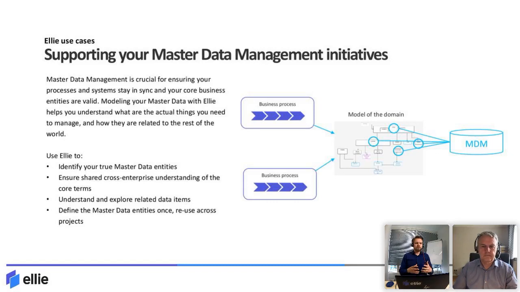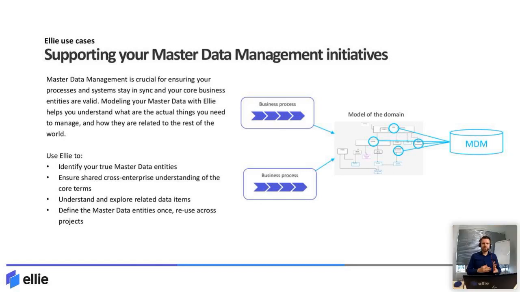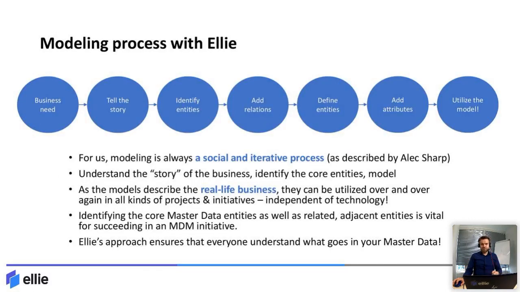Understanding and exploring these related data entities, what they are, where they are, is what enables you to start with your business glossary set up, with your data entities set up, and then drive towards the MDM, as you said, by picking your master data entities from the model, saying that here is what we need to do. So I will soon show you how that looks in practice, but as a process of modeling, what we like to tell our customers and users is that it has to start with the business need and you as a modeler understanding the story of the business process, that, well, a customer comes and walks into a store and makes a purchase.